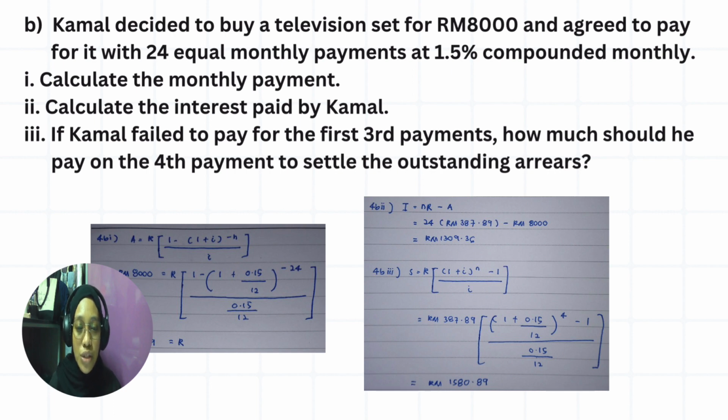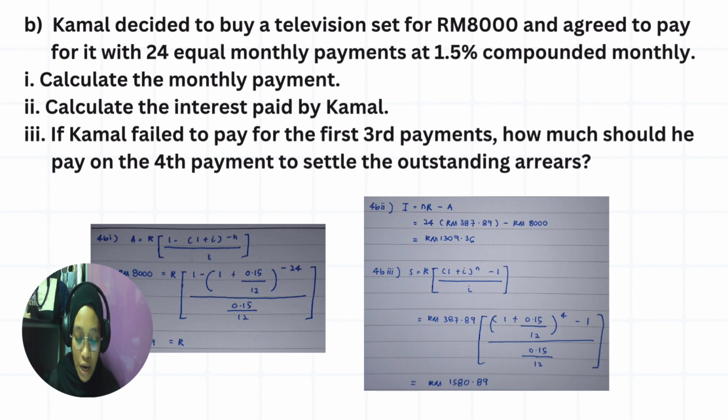We can use the formula A equals R, 1 minus 1 plus I, power negative N over I. Let's fill in the information, same as before, which is 8,000 ringgit equals R, 1 minus 1 plus 0.15 over 12, power negative 24 over 0.15 over 12.